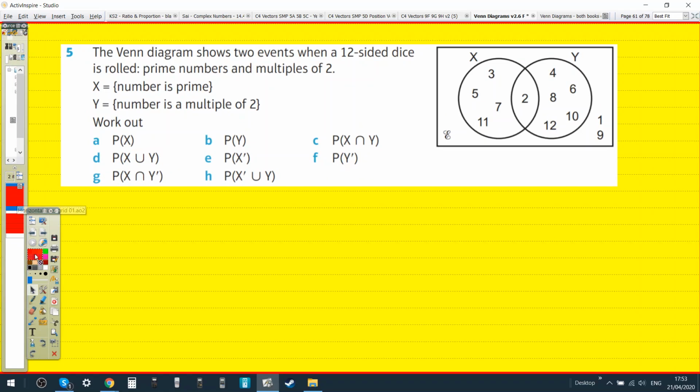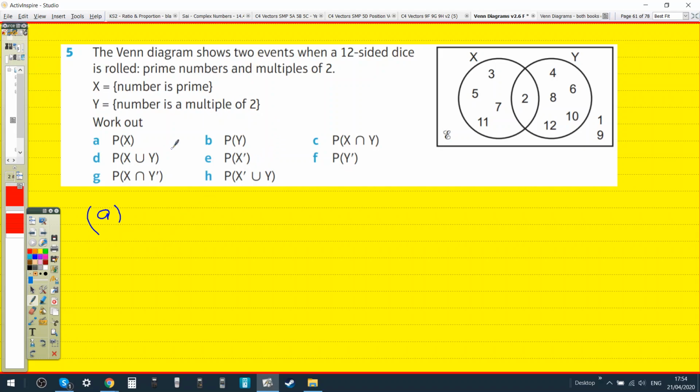The probability of X. I don't think you have to add them up.